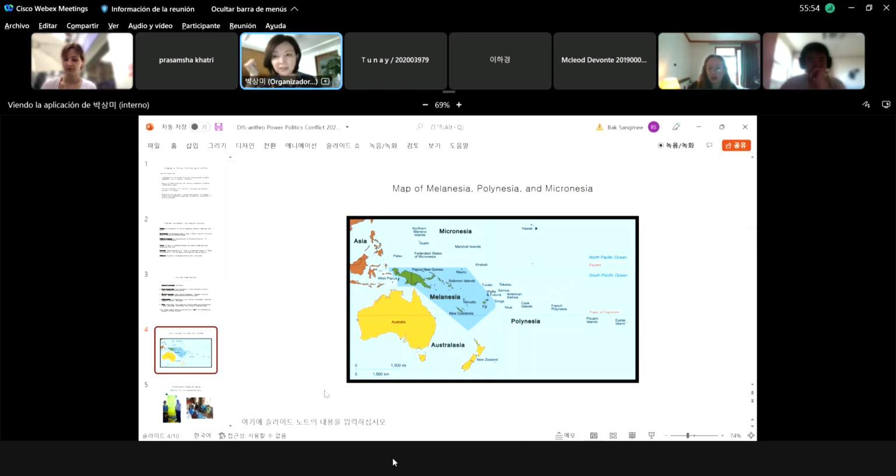Fiji is another leader country among these island countries. For example, for Korea, Fiji is one of the strategically important countries, and there is a Korean embassy in Fiji. And before COVID-19, Korean Air used to fly to the capital of Fiji, Suva, 3 times a week.